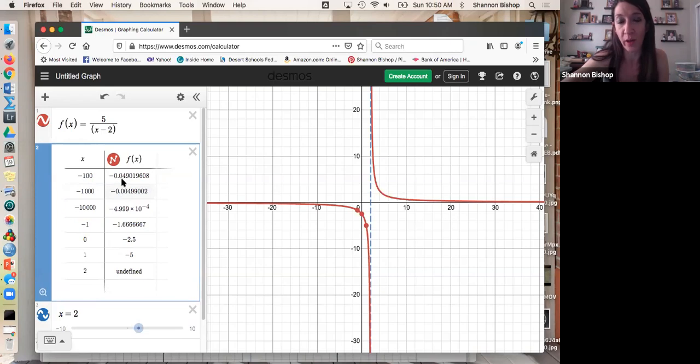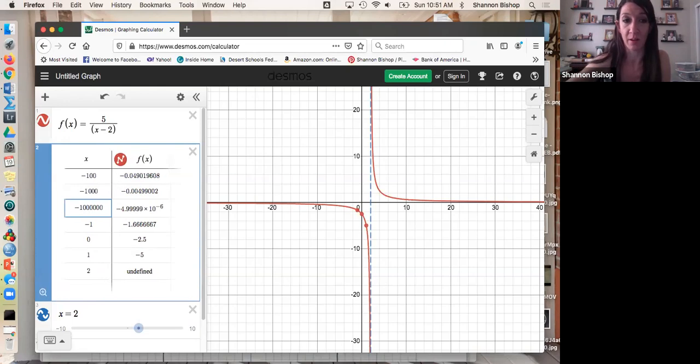This answer is 0.05. When I plug in 1,000, it's 0.005. When I plug in 10,000, notice that's scientific notation, so that's really 0.00049.